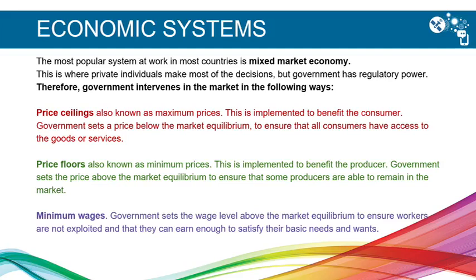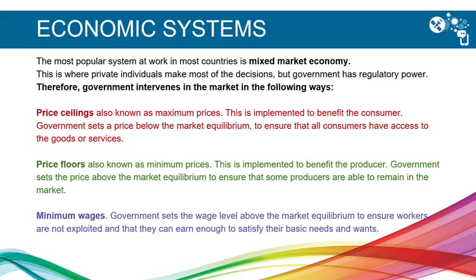So they brought these two together, and now it's known as a mixed market economy. Private individuals can decide for themselves, but the government has some kind of regulatory power. Therefore, the government intervenes in the market in the following ways.